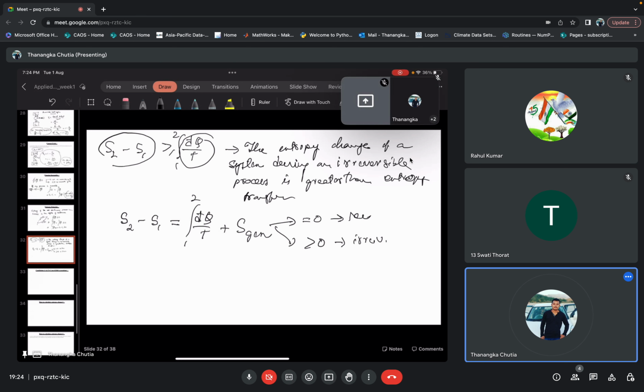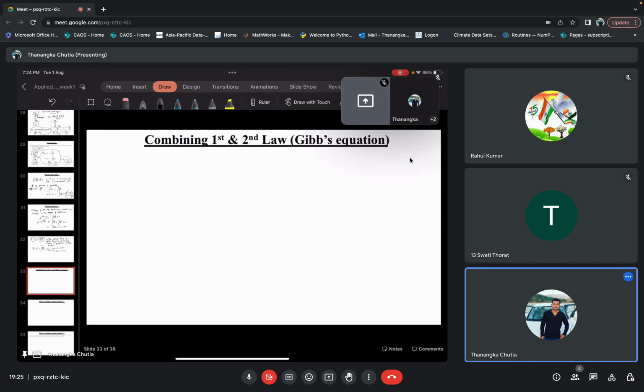Fine. Now we have the first law of thermodynamics and we also have the second law of thermodynamics. Can we combine these and form some equations? From the first law, what we know is that dQ equals dW plus dU. For reversible processes, dW equals PdV.